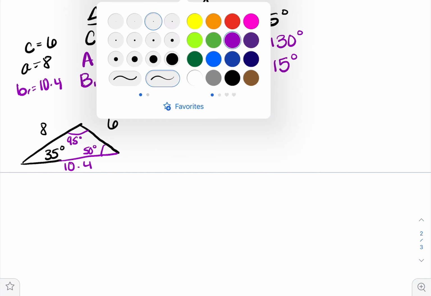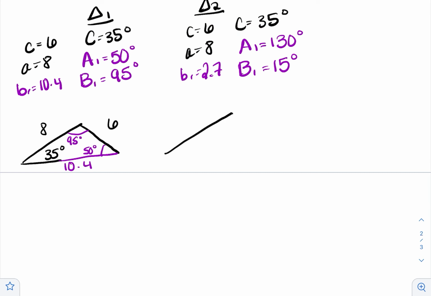And in triangle 2, this was 35. This was 8. But now 6 was here. And so the bottom side here was 2.7. This angle here was 15. And this was the obtuse one at 130. So what's key to remember is that these don't change.